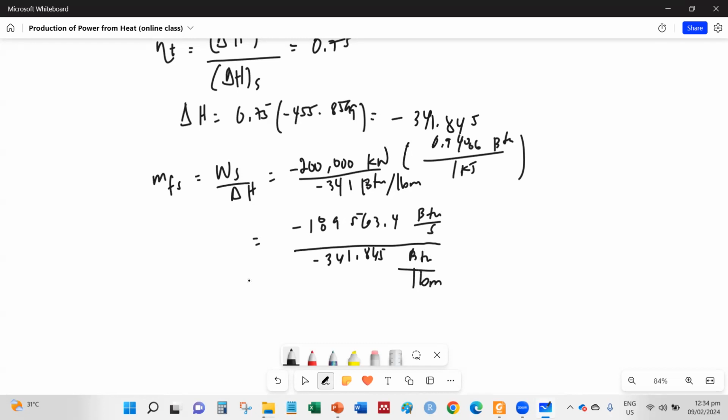So what will be left is pound mass per second, which is the unit of the mass flow rate. And the mass flow rate is 554.53 pound mass per second. So that's the mass of flowing stream. That's the answer.